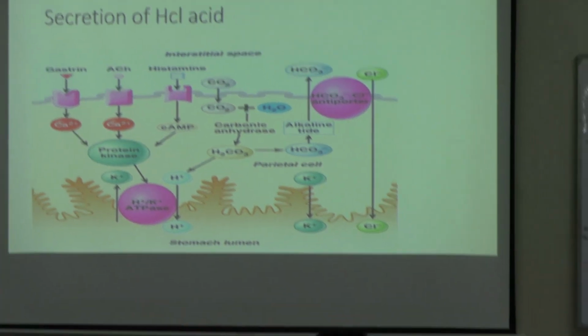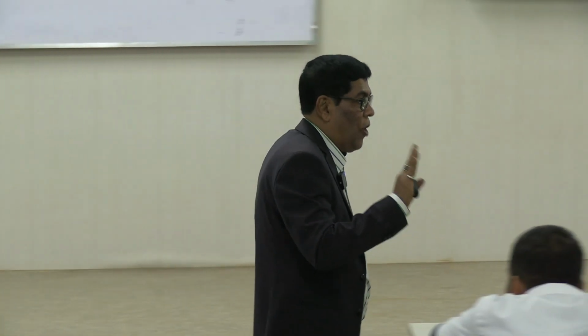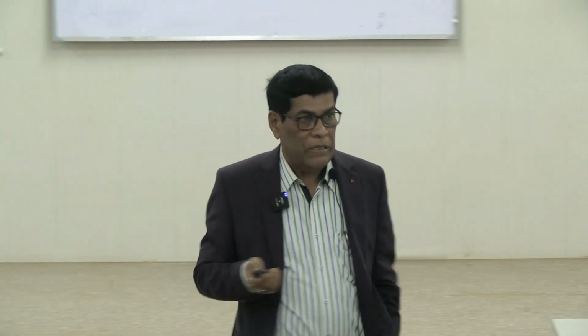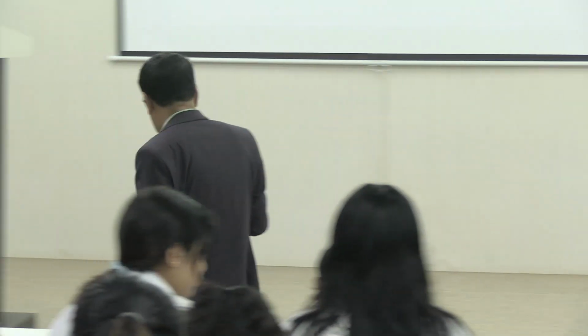This is called your alkaline tide. This is a defense mechanism for not having ulcers. Along with that, prostaglandin will also take part in your defense mechanism, and the blood supply of the stomach. Okay. We also have a role in the defense mechanism.